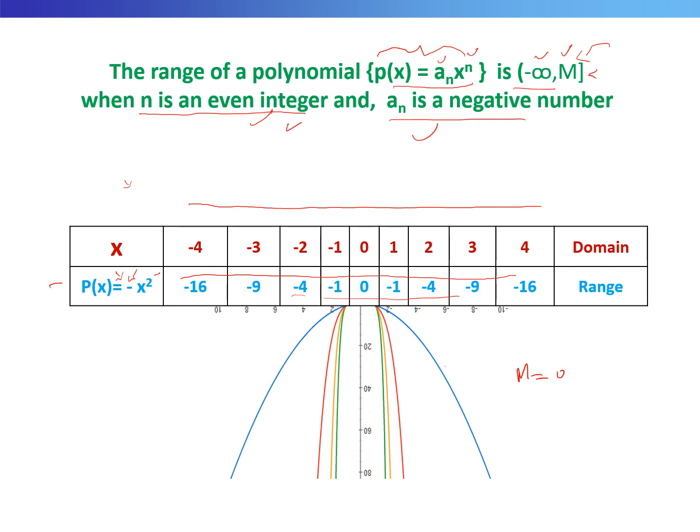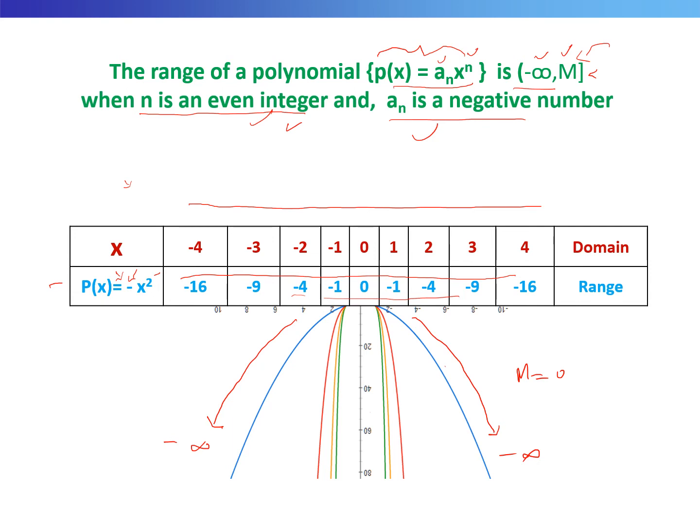And also we know that the graph will continue to decrease towards negative values of y. It will be heading towards negative infinity, and from this side also it will continue to decrease on the negative side of y towards negative infinity. So if the largest value is 0, what is the smallest value? The smallest value is negative infinity.